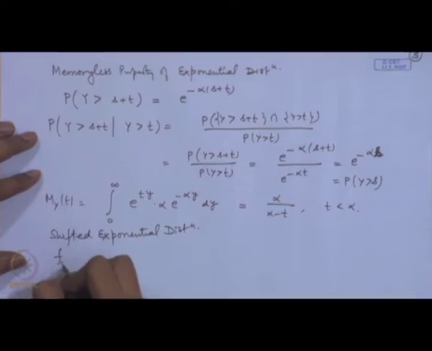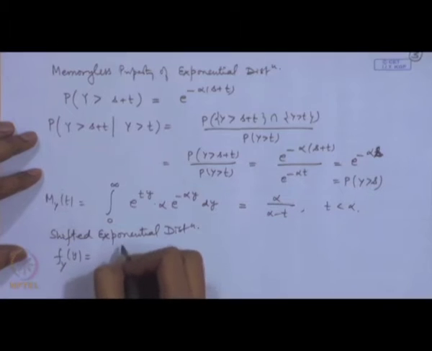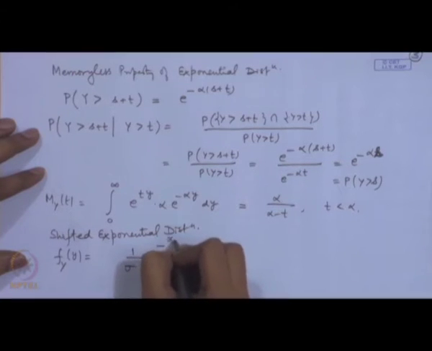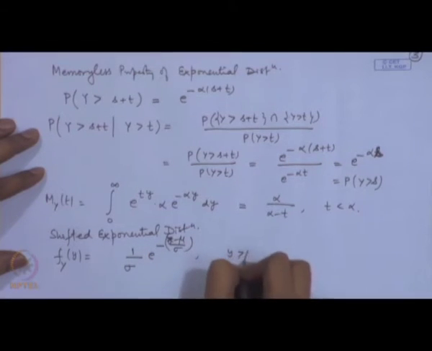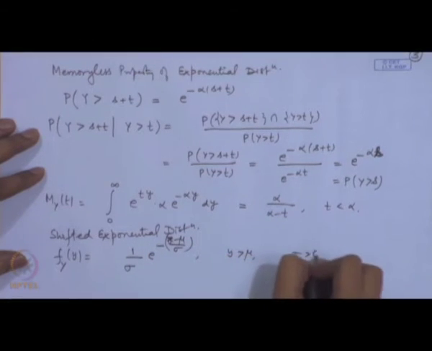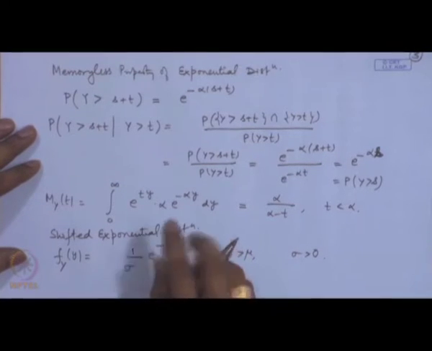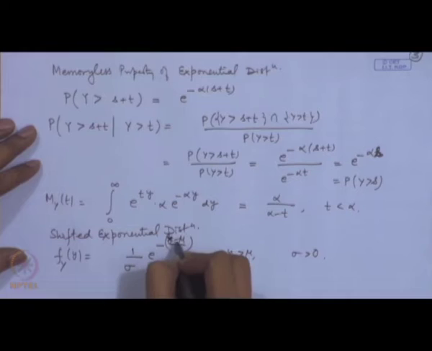So, here we can write the distribution as, say, I am writing a more general form, 1 by sigma e to the power minus y minus mu by sigma, where y is greater than mu, and here of course, sigma is positive. Whatever moments of y were there, the same thing will be true for moments of y minus mu.